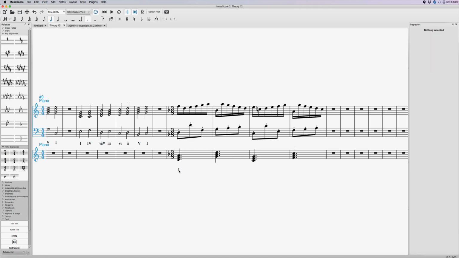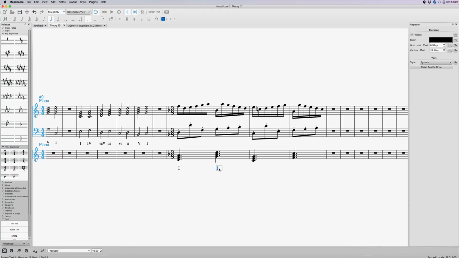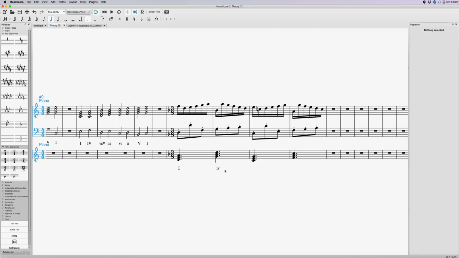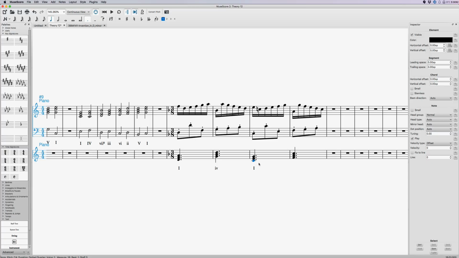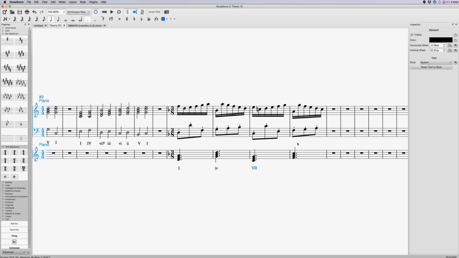So D minor in this key is 1. G minor is 4. And the C major is going to be 7. It's going to be a major 7 because we're in a minor key.